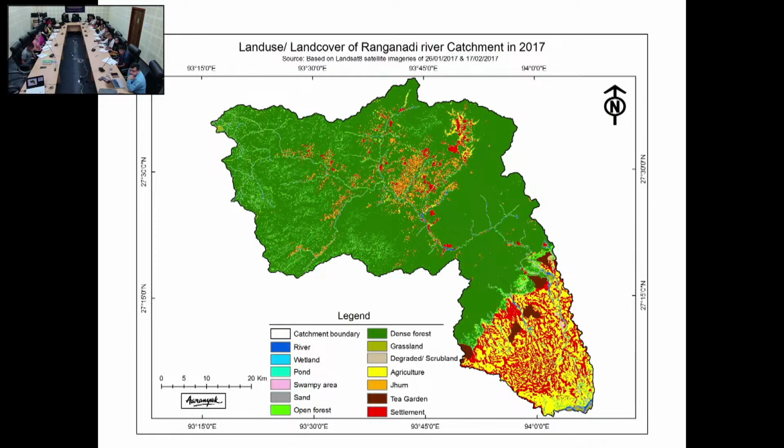Now classification, say how to prepare the land use and land cover. Some of you may know about this supervised, unsupervised or on screen, but it is very much difficult to classify built up area.